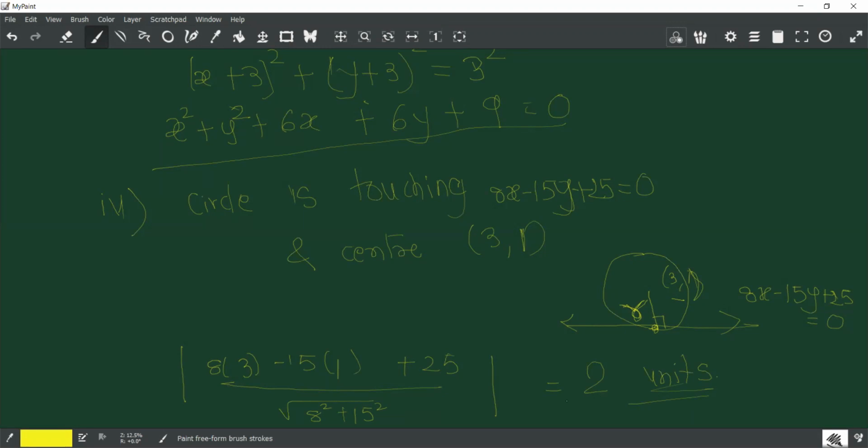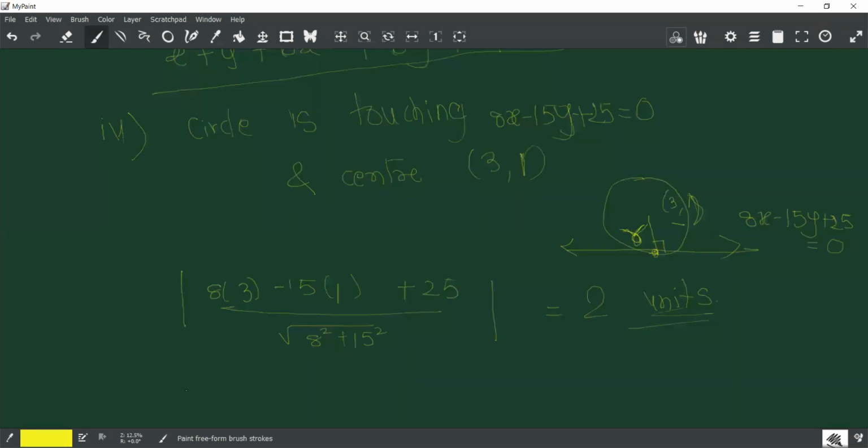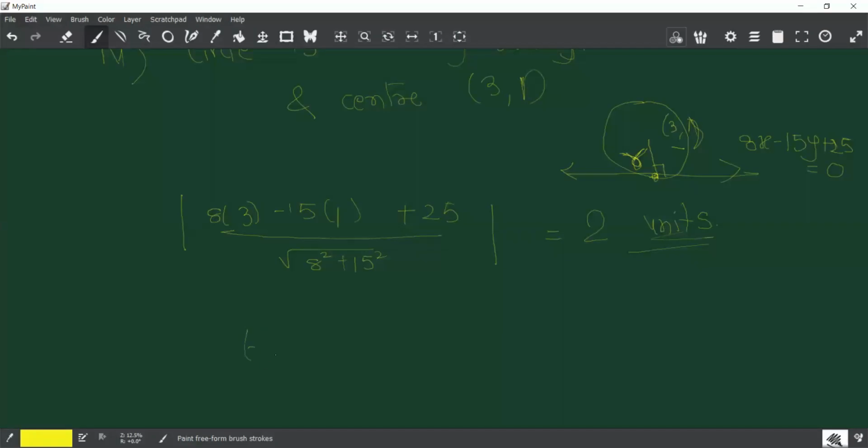Got it? So you know the center, you know the radius. So you got it here. x minus 3 the whole square. Sorry, y minus 1 the whole square is equal to 2 square. So you simplify करके your answer is absolutely right. Plus y square minus 6x minus 2y plus 6 because यहाँ से 9 आएगा, यहाँ से 1 आएगा, 9 plus 1 10 minus 4 तो plus 6 is equal to 0 is absolutely the right answer.